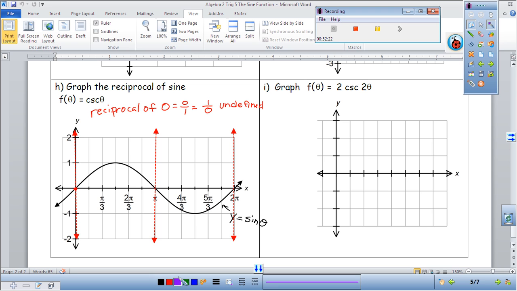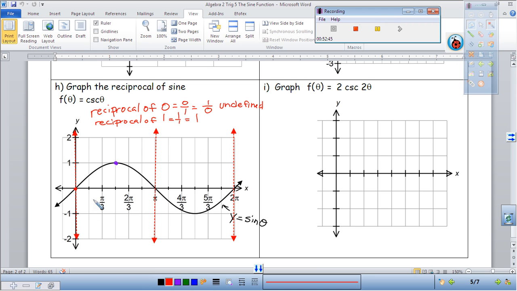Okay, then we're going to go here. At 1. The reciprocal of 1, 1 divided by 1 is 1.